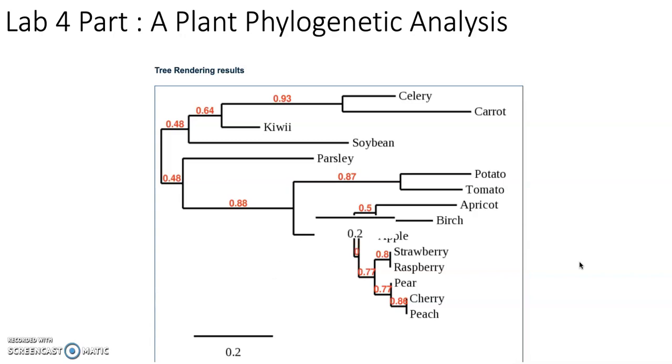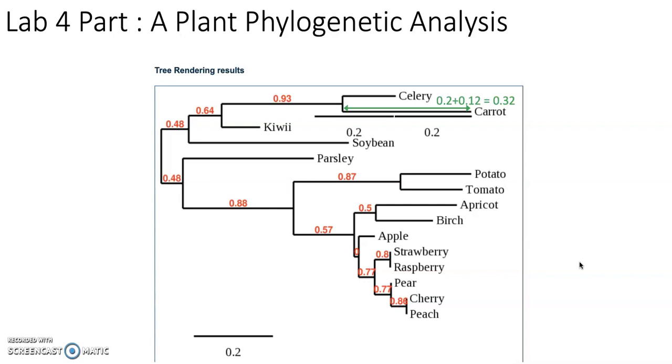Here's one scale bar. Now we add another scale bar, and we find that a little more than half that scale bar fits. So the amount that carrots have changed from celery is 0.2 plus about 0.12 equals about 0.32 changes per amino acid site.